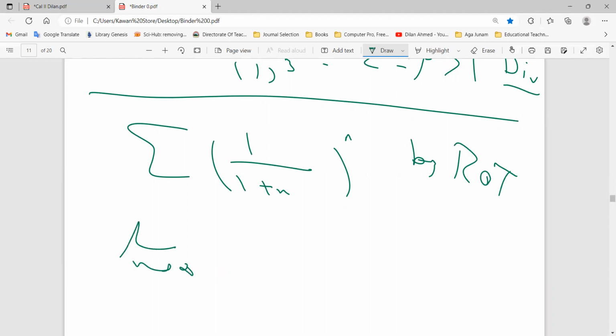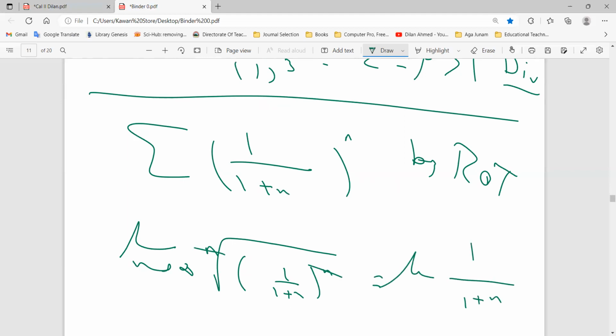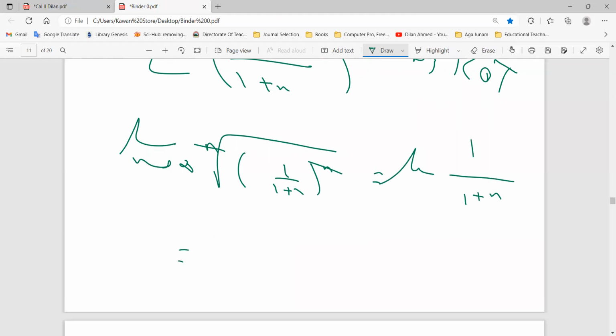The limit as n approaches infinity of the nth root of what? And I know it remains, so equal to 0.